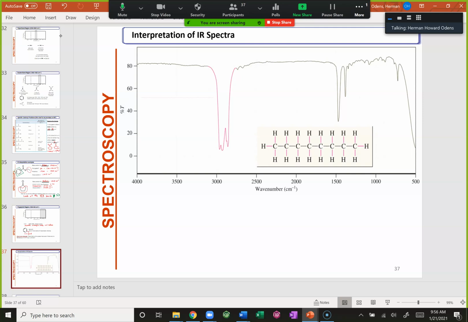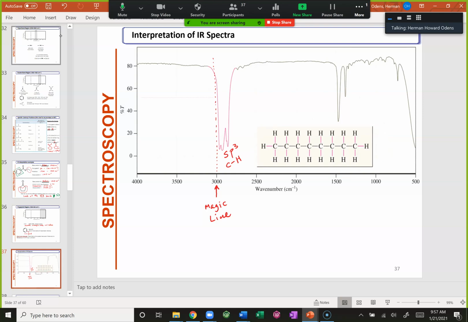To start, I told you that this is your magic line. Start by tracing a line at 3000. Anything on the right side of that line is an sp3 CH. And that's all we have. All of these are sp3 CHs.